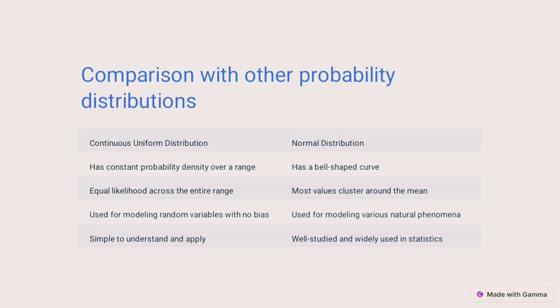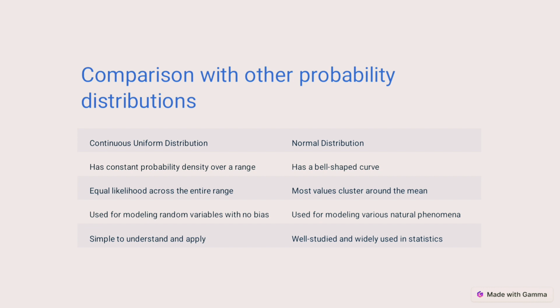Here is the comparison with other distributions. The continuous uniform distribution has a constant probability density over a range, while the normal distribution has a bell-shaped curve. The uniform has equal likelihood across the entire range, while in the normal most values cluster around the mean.